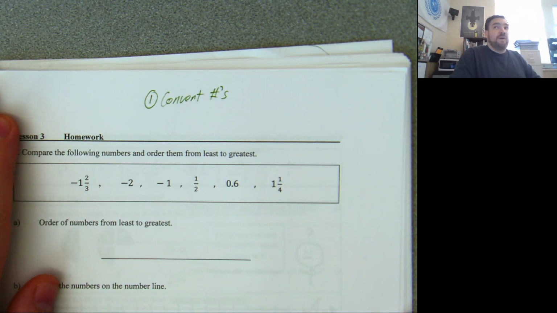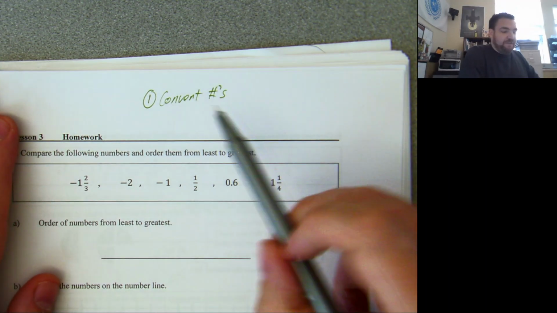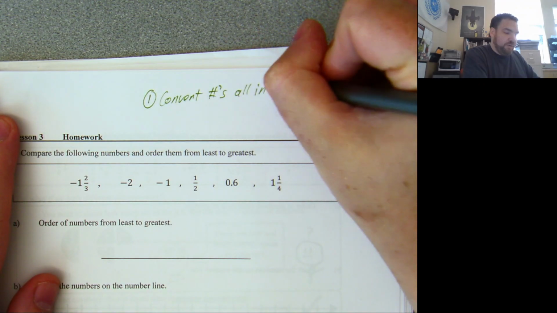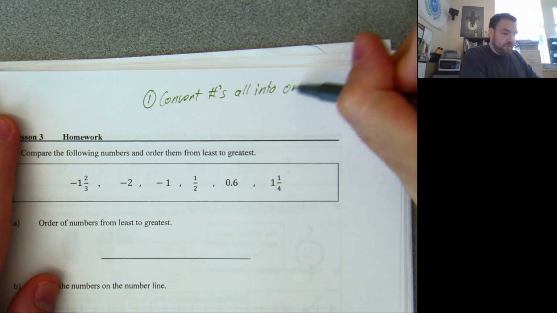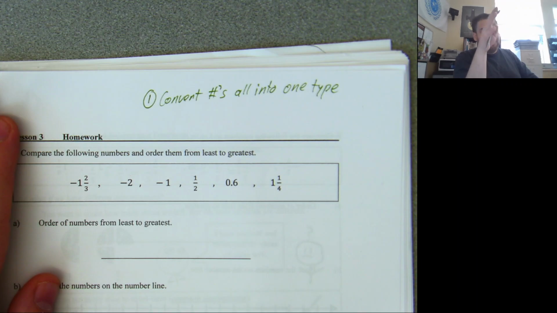I had a student once ask me why the hashtag was there. Hashtag means numbers. So you want to convert the numbers all into one type, usually decimals, and sometimes you might not have to convert all of them, but often you're going to want to.